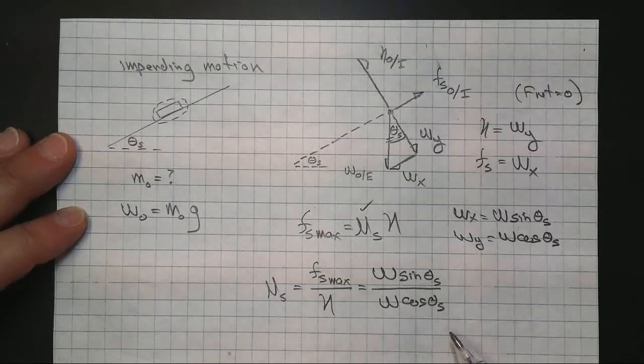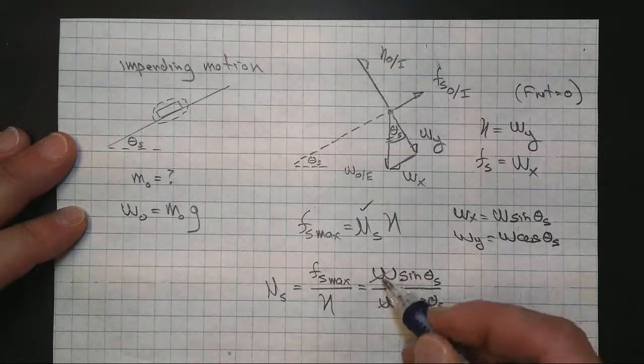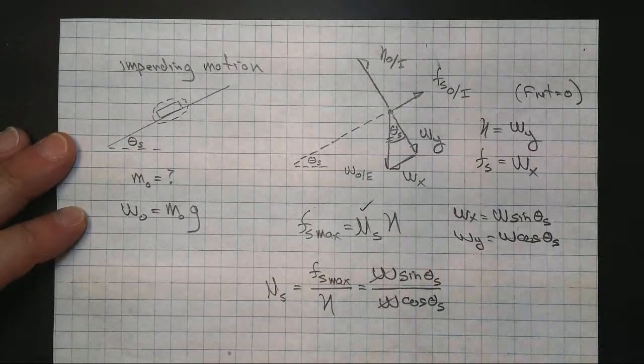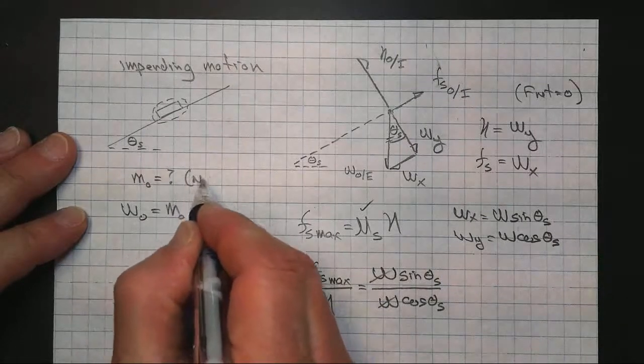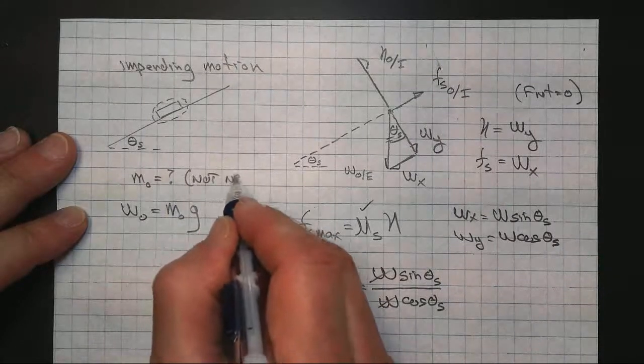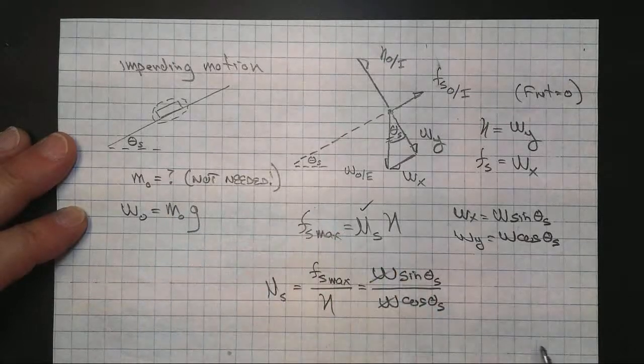Well, by inspection we can see in our equation that the weight of the penny, the block, whatever, cancels. So it's not really necessary to know the mass. This was actually not needed. We can see from the trig and the algebra that it's gone.